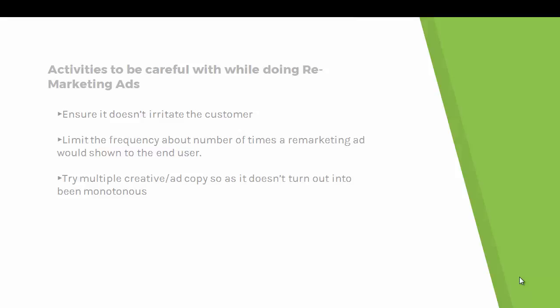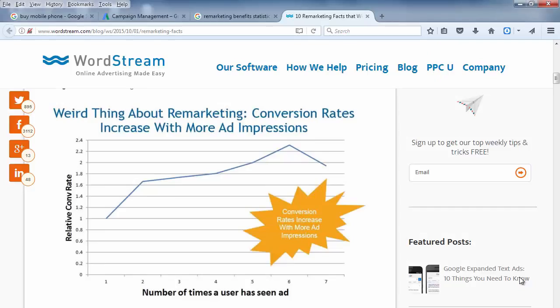This mechanism of having more variety of ads would not lead the end user to get irritated. So these are some basic points to keep in mind around doing remarketing, and for sure it has great advantages which would cut down on the disadvantages, the part where we need to be careful.